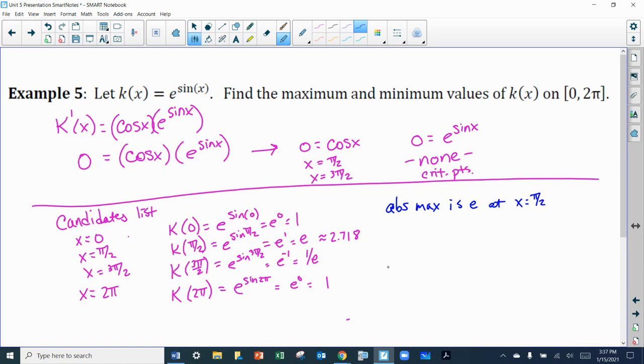We have an absolute min, that's got to be right here, doesn't it? Absolute min is 1 over e at x equals 3 pi over 2. Not so bad. You dread them, but sometimes they're actually easier than the others.